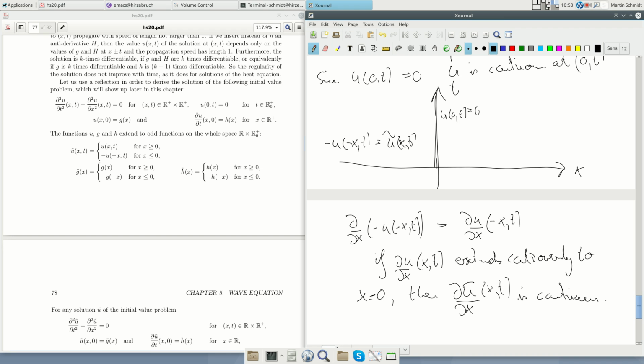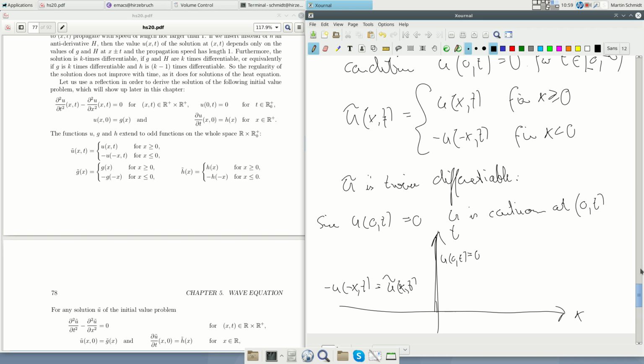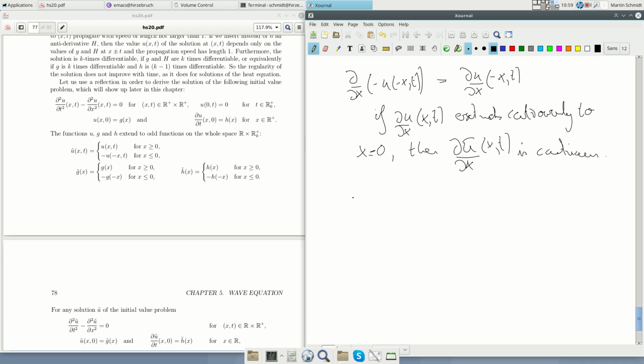The second derivative has again to vanish. The second derivative d square u tilde of x,t: if we take minus d square dx square of u of minus x,t, then we get twice, so this is minus d square u dx square of u of minus x,t.